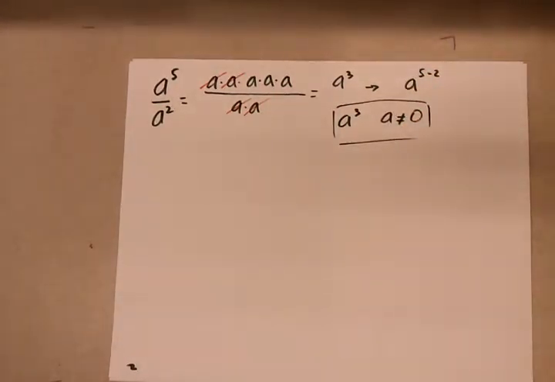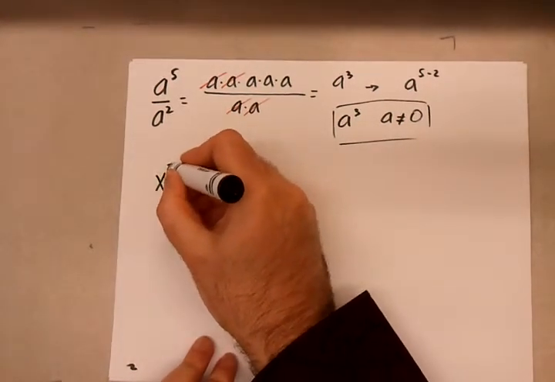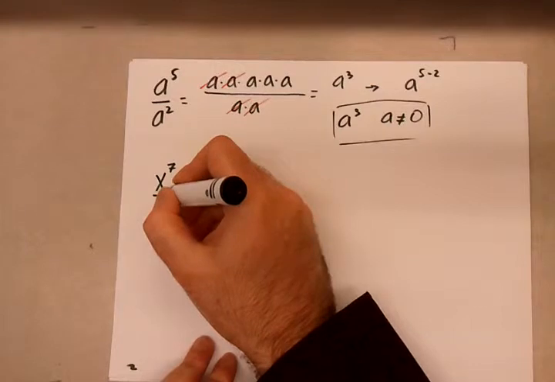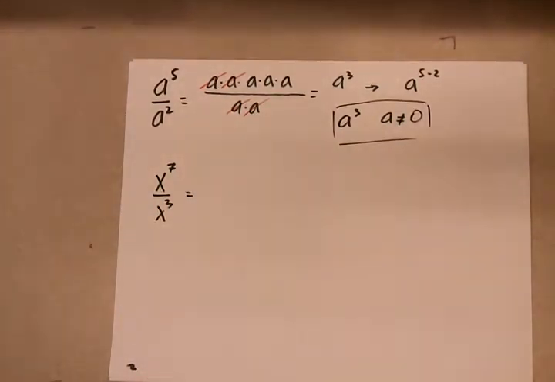Let's do this particular example. X to the seventh divided by x to the third. So again, very similar to the problem we just did. You have a pair of exponential forms. They're being divided and they have the same base, so we can work with them.